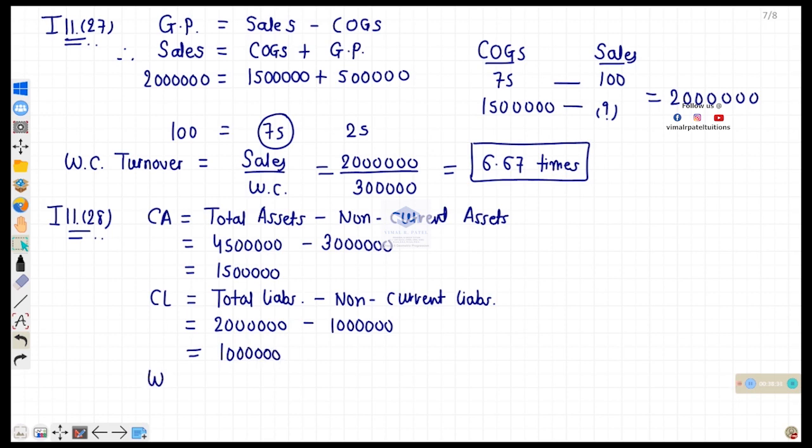Then working capital, current assets minus current liability. 15 lakh minus 10 lakh. So 5 lakhs.